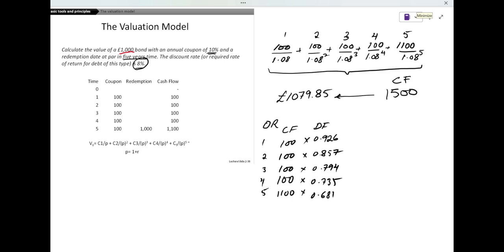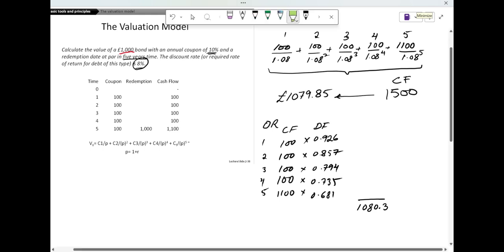You can work these discount factors out using the formula, which is 1 over 1 plus r raised to the power n, or you can simply follow the discount factor table. When I multiply all of them, it comes down to 1080.3, which is very close to what I have already calculated.